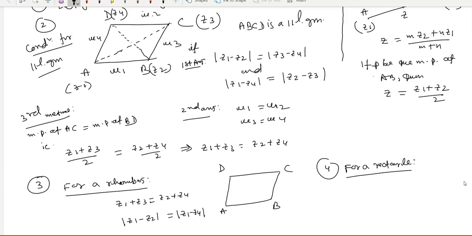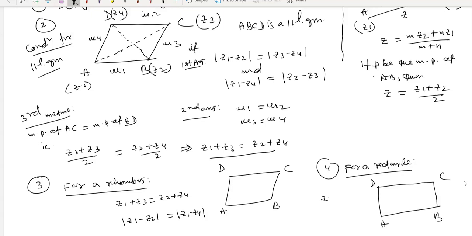For a rectangle, what to say? Here, the conditions of parallelogram are valid definitely. So this condition will give, in addition to that, you have to write another one, mod AC equal to mod BD.